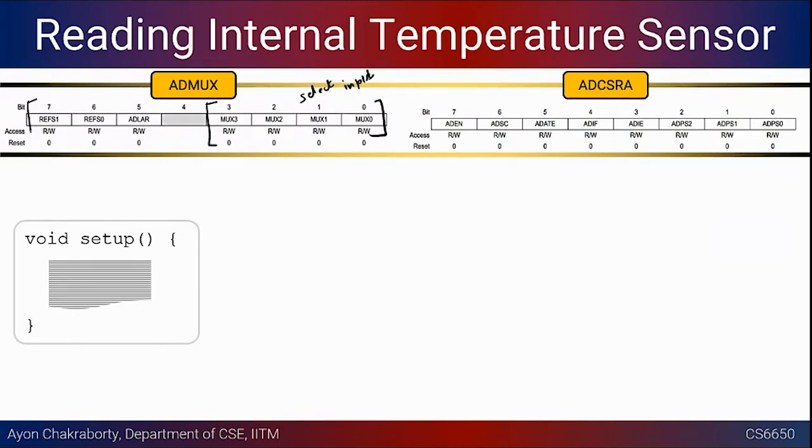These 2 bits are used for selecting the reference voltage, and this ADLAR we might not use right now. This is for left or right adjustment of the result. And here the bits that we will focus on are ADC enable, ADC start conversion, and the prescaler. So we have to load a prescaler before starting the conversion.